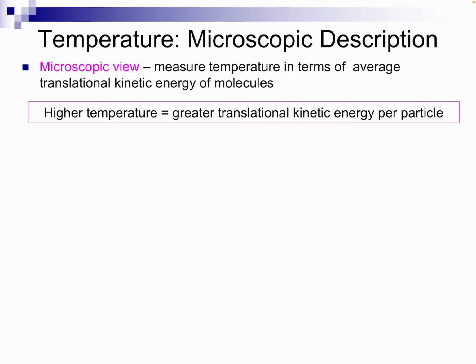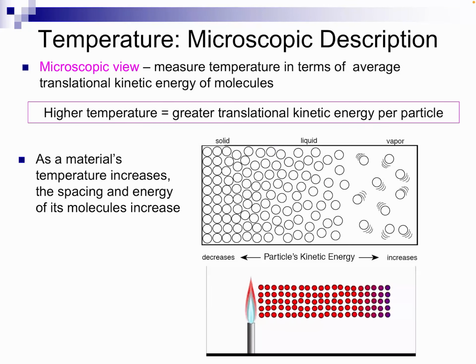So microscopically, we say that the higher the temperature, the greater the translational kinetic energy of the particle is, meaning, as you heat up the gas, increasing its temperature, the gas molecules start to vibrate, and so they move.